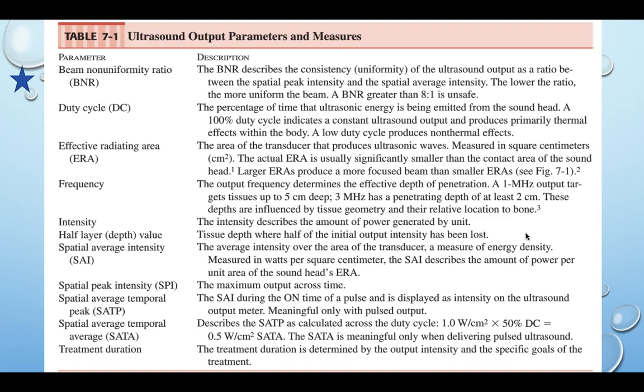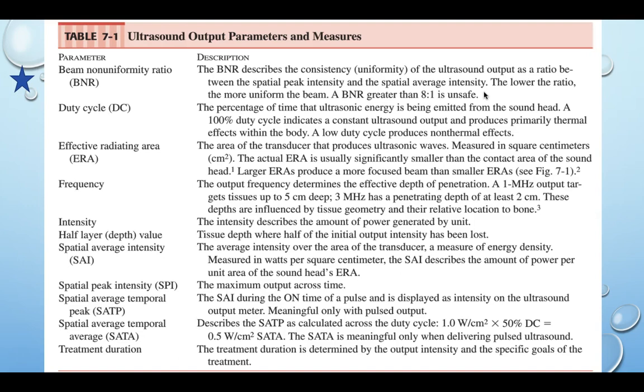So, the book goes into it being a ratio between the spatial peak intensity and the spatial average intensity. But for our sense, it's really talking about how that crystal is producing the beam, and the fact that what we label on the machine as our intensity is the average that crystal is putting out at a given time.